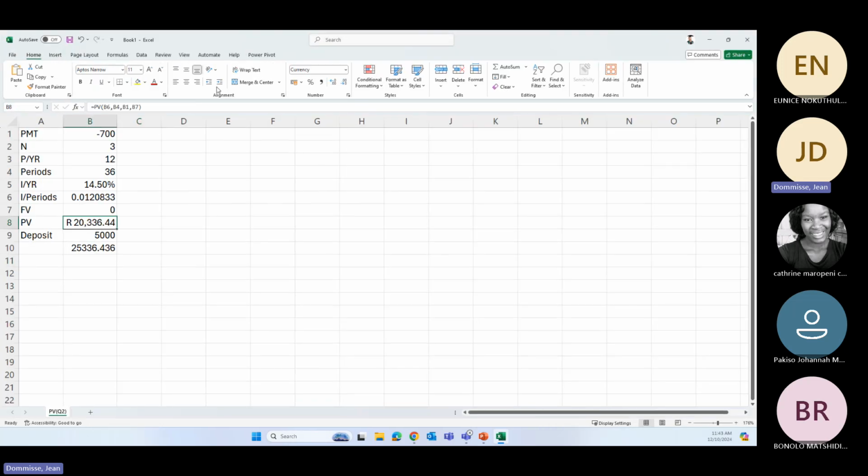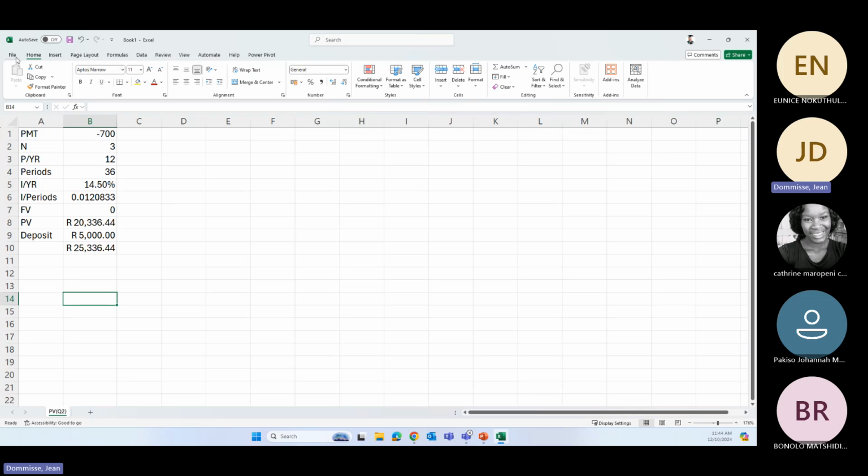So that was our present value that we worked out. That was the 5,000 that we paid as a deposit. So the total was then 25,336.44.